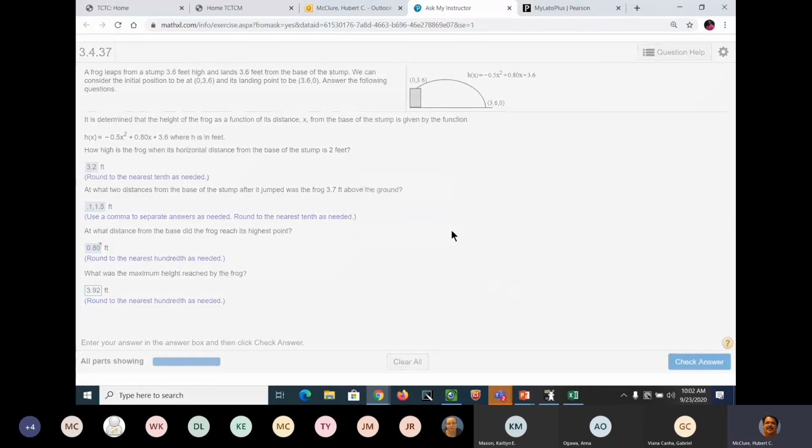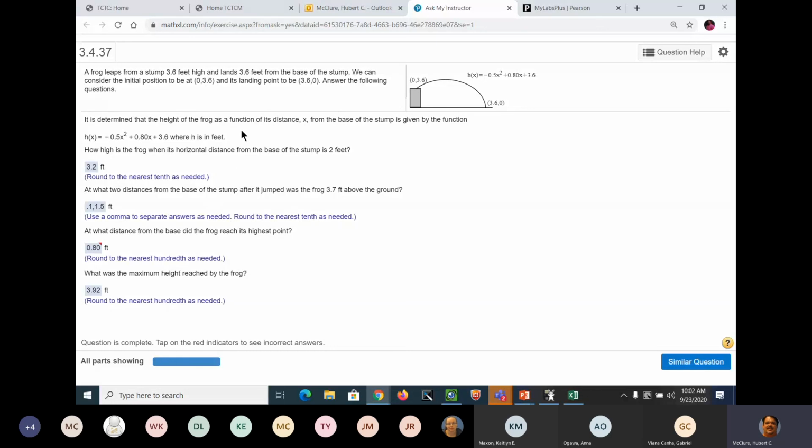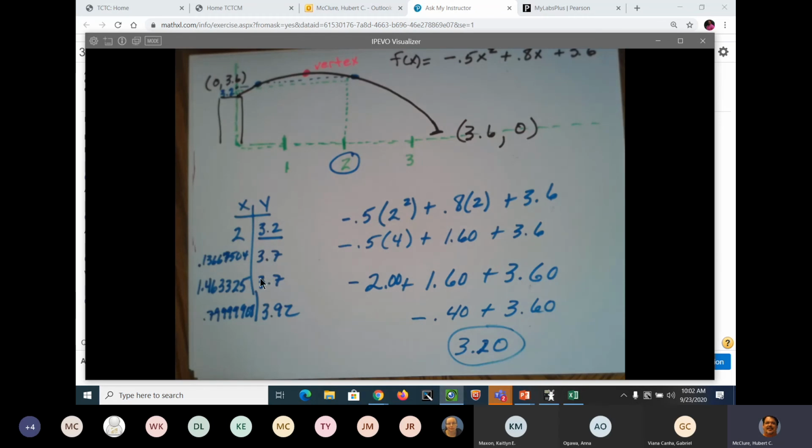I love this question. Why do I love this question? Because this has everything in it besides completing the square. This has everything in it that I want you to be able to do when you come out of chapter 3. A lot of you are saying, well, I didn't know that. Yeah, you did. Back in pre-algebra, you knew how to make this chart.